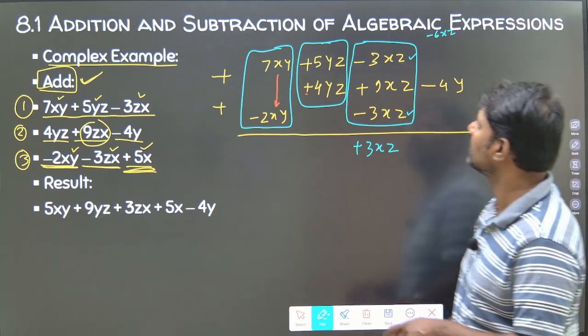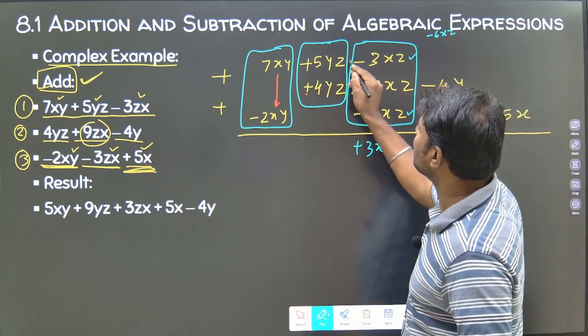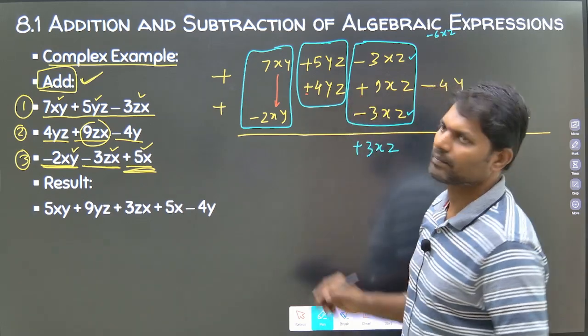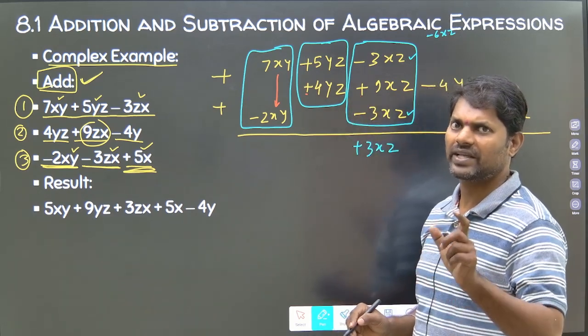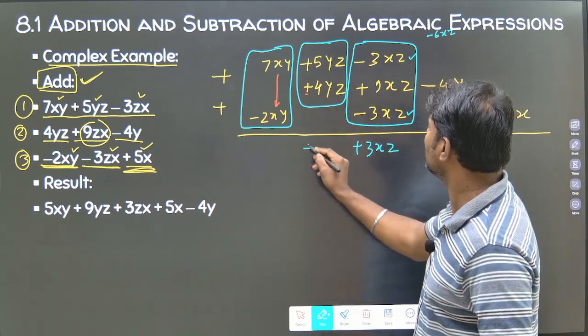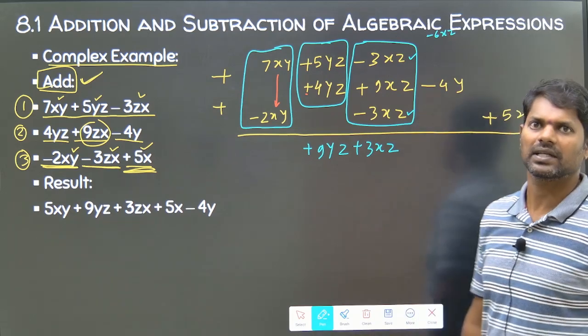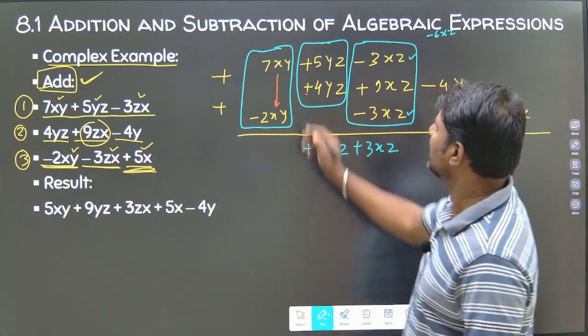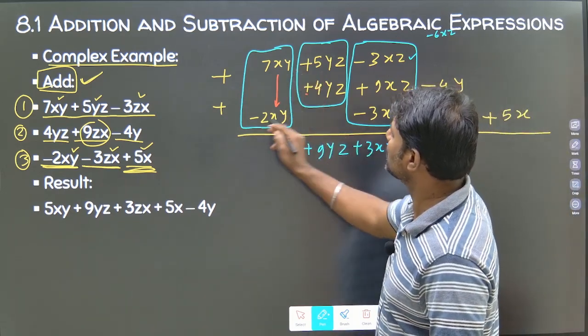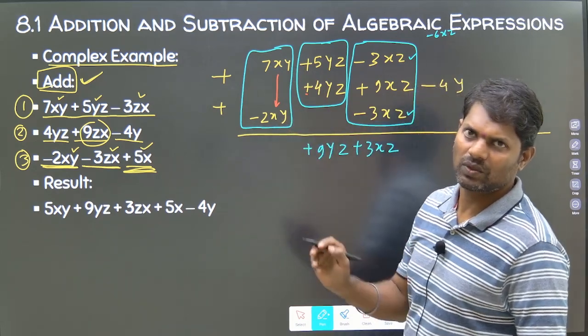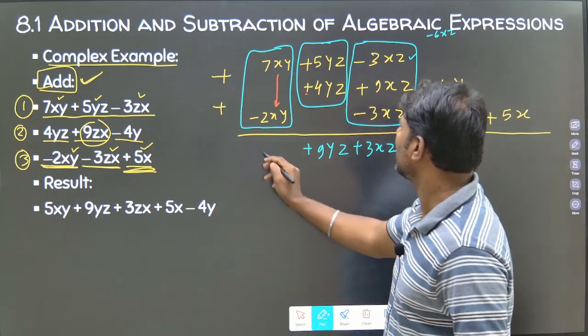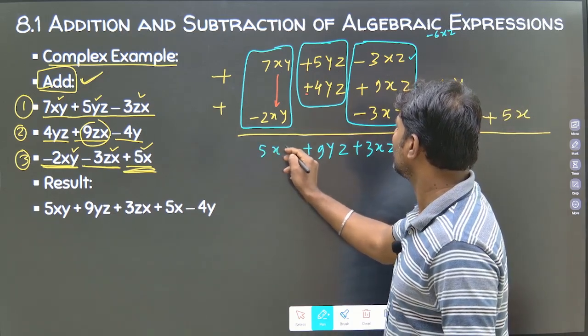Next, plus 5yz plus 4yz. 5 plus 4, 9yz written. Next, 7xy minus 2xy. 7 minus 2, 5xy.